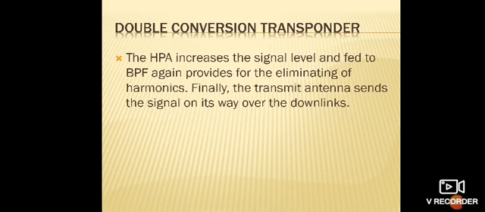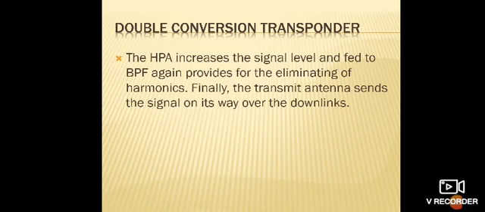Whenever we are using the double conversion transponder, the local oscillator generates a stable frequency of 5930 megahertz, and from the LNA, the first low noise amplifier, we get 6000 megahertz, which is injected into the mixer circuit.